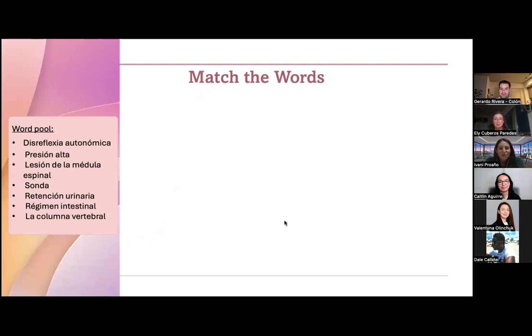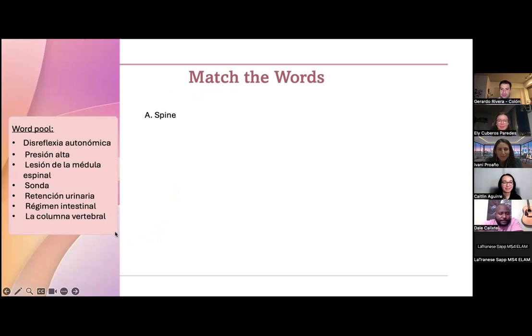All right, the first one would be spine. And this is the word pool, so can I get some volunteers? La columna vertebral. Perfect. The next one would be spinal cord injury.